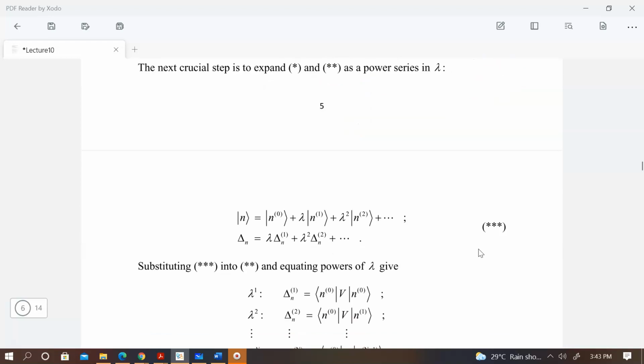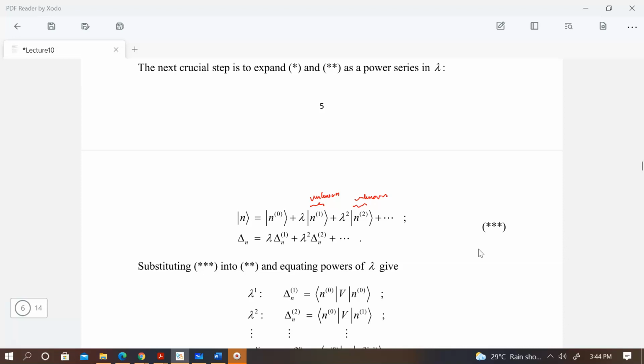Okay. So one can essentially expand this in powers of lambda. Okay. So we assume that we can do that. So your zeroth order term for this perturbed eigenstate is just equal to the unperturbed state. And then you have the first order term. So this is unknown yet. Okay. And for higher order terms, you have your lambda squared. And again, this will be unknown. Okay.